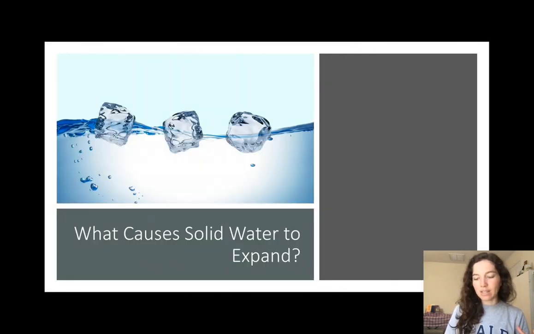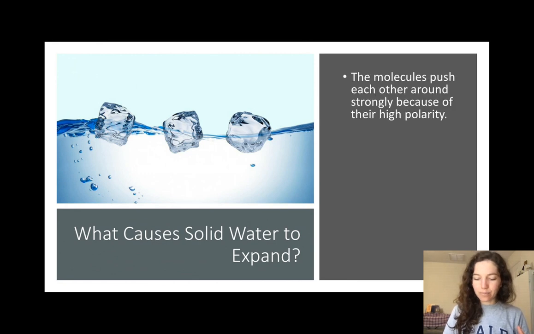What happens here, which is really unique, is that these water molecules push each other around because of their strong polarity. Because one of them is partially positive and one of them is partially negative, and they're very strongly positive and negative, they require that they're lined up together. Positive must be stuck to the negative end.